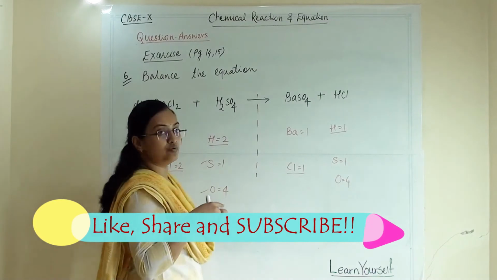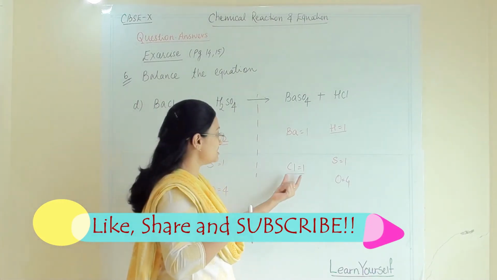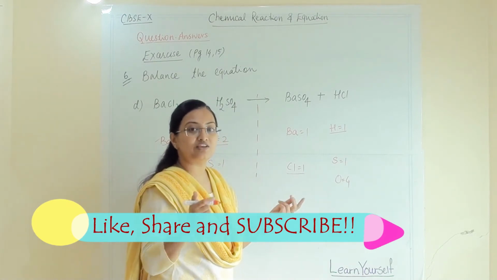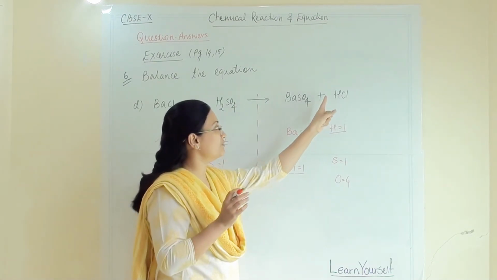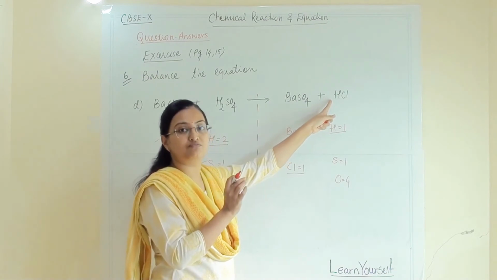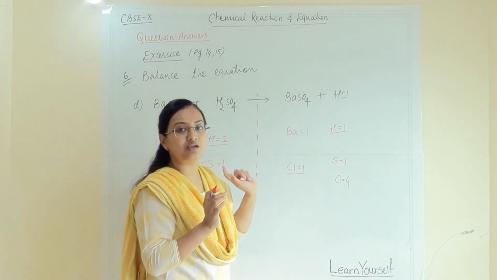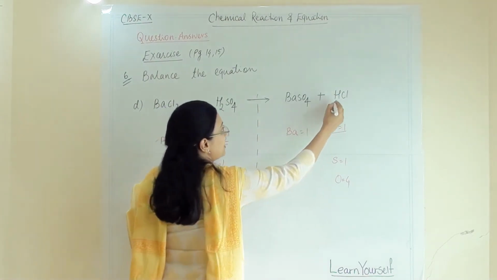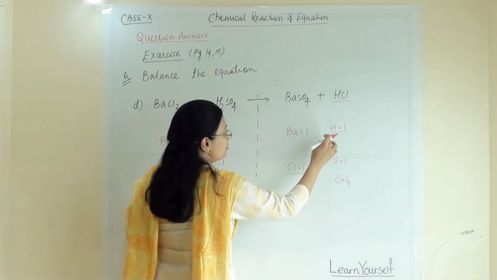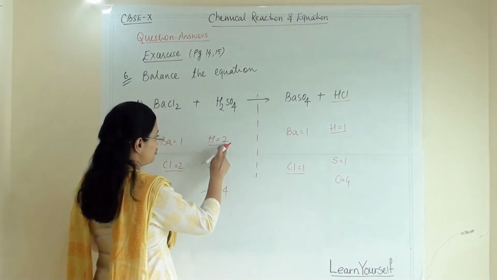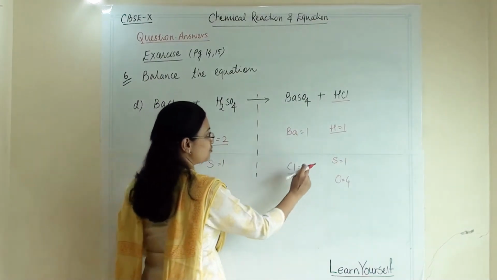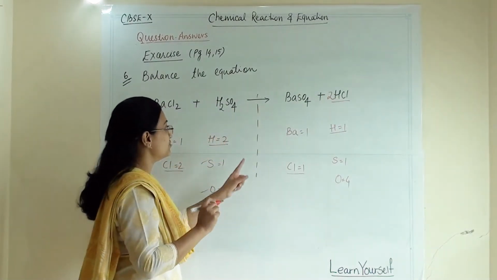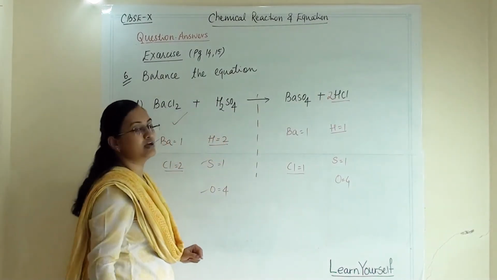And whenever you are balancing an equation, just see that whatever atoms you need to balance, if they are in one compound, then by simply adding one number in front of that, the whole equation will be balanced. We have to balance these two and these two are combined here. So if you want to make them 2, just add 2 here and you can balance this whole equation.